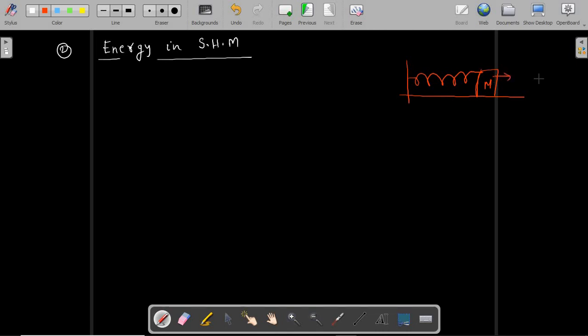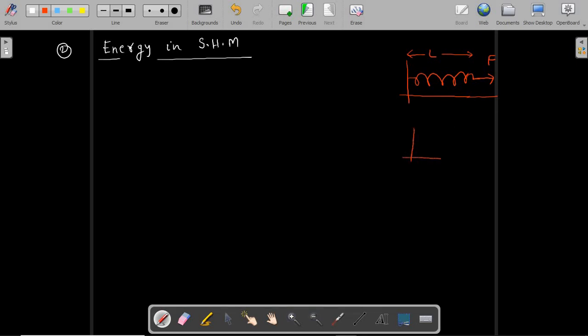Suppose I'm not giving you a block, just the spring, and you apply a force on it and pull it in the right direction. There is some point at which you feel like you cannot pull it anymore, right? That is the maximum displacement possible.